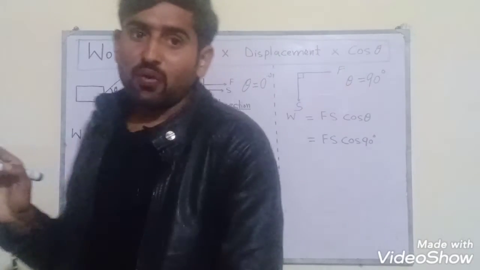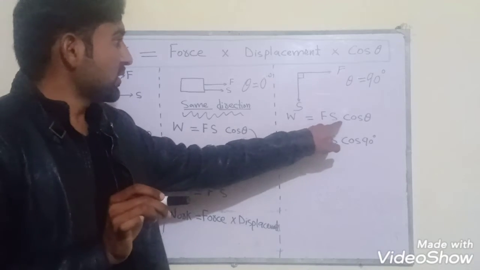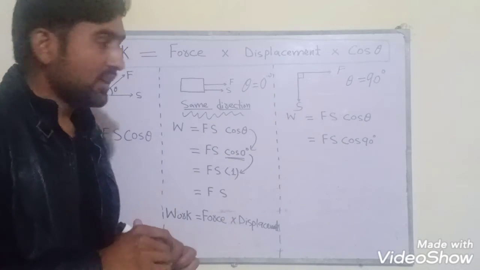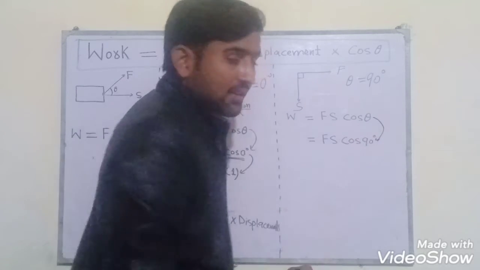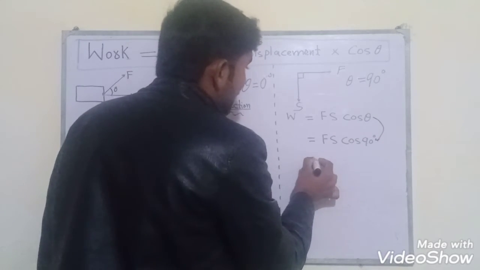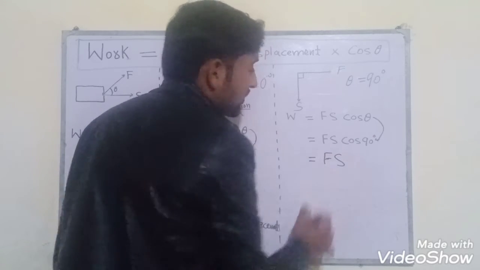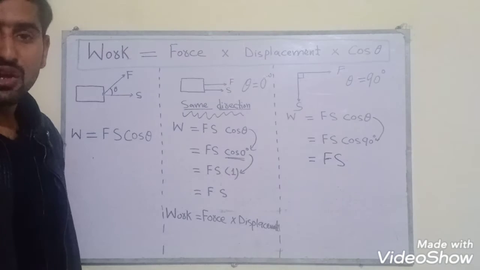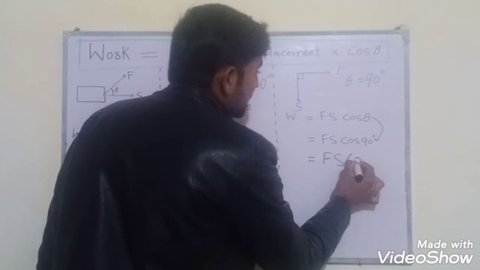Hence, work done W is equal to force into displacement into cos of this theta. We put the value. What is theta? 90. Cos 90. What is cos 90? We have to remember that cos 90 is equal to 0.